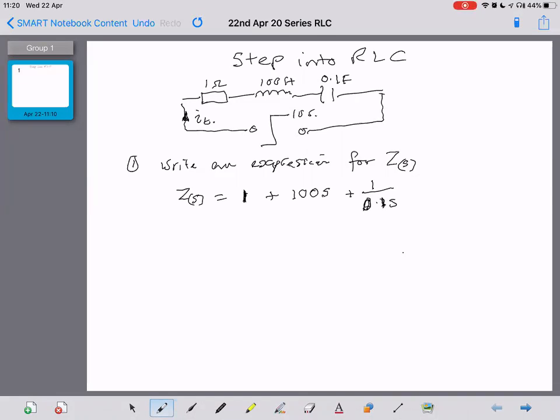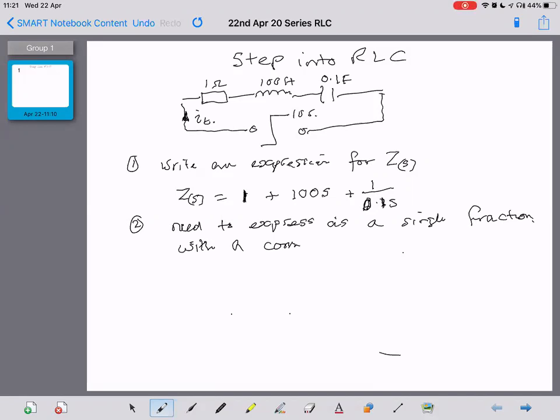Okay. Now, the second thing we need to do here is express this as a single fraction with a common denominator.